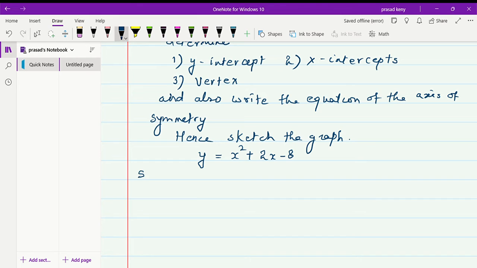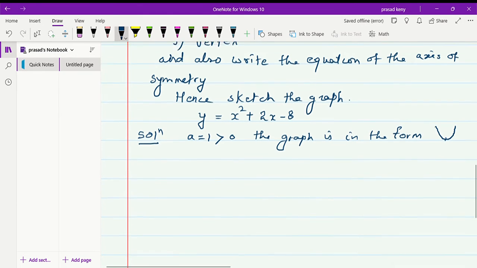Now here the x² coefficient a is 1, which is positive, so the graph is in the form of a U that is opening upwards. It will have a minimum point. The vertex will be the minima here.